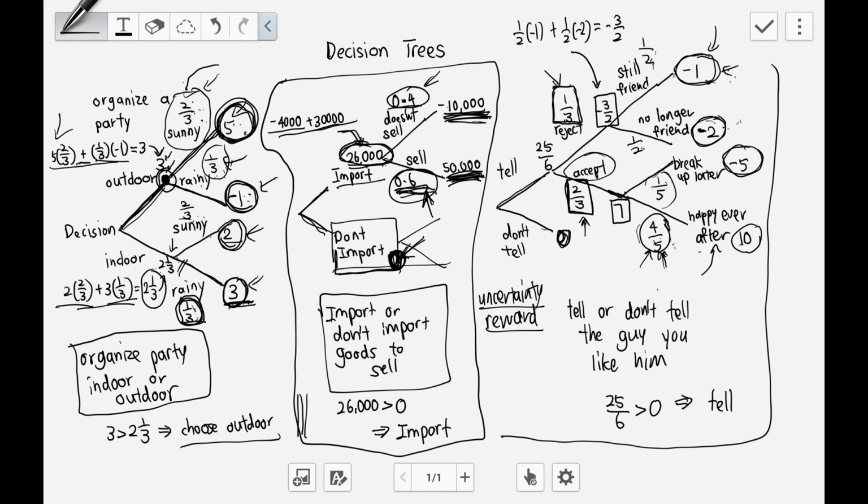Half plus half is 1, and 1/3 plus 2/3 is 1 also. The probability of reject and accept must add up to 1. Maybe there's a third possibility, that he will give you an ambiguous reply. If you want to consider that scenario, then you add a probability to it and change these 2 probabilities to accommodate it, so all 3 add up to 1. But now there are only 2 cases, so 1/3 plus 2/3 has to add up to 1.